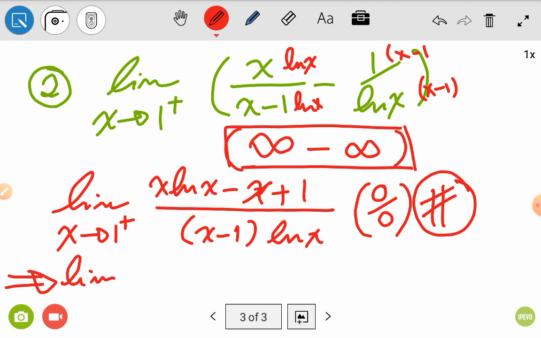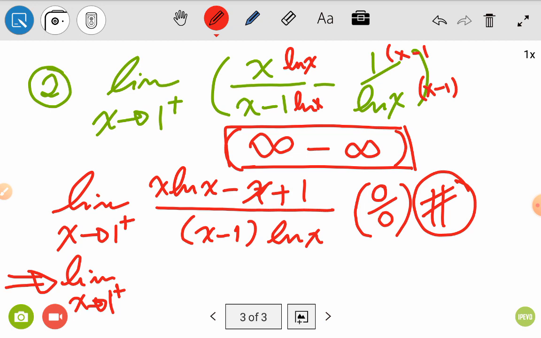The limit as x approaches 1 from the right side of the derivative here is, what's the derivative of the numerator? The derivative of x ln x, what's the derivative of x ln x?